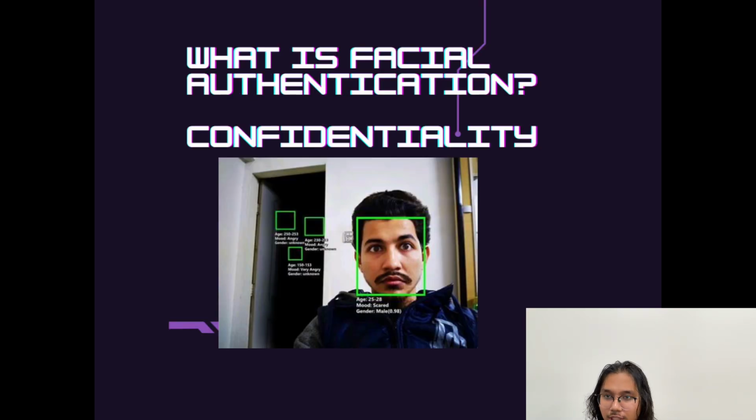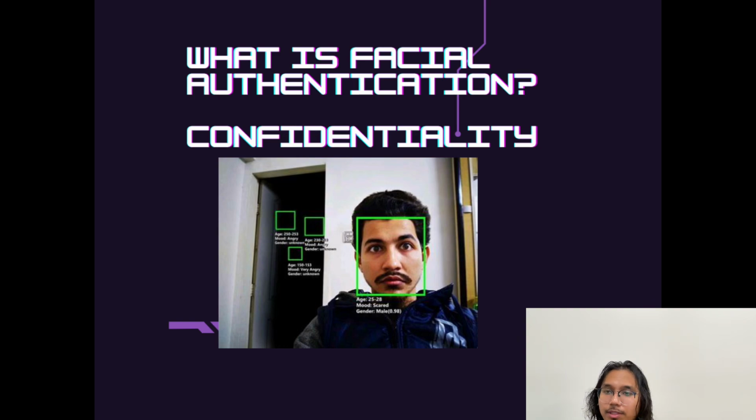What is facial authentication? With the failure and flaws of alphanumeric passwords, the biometric alternative has become a huge goal for developers. Facial authentication is authenticating a user and letting them in by measuring and looking into the biometric encodings of their facial features.